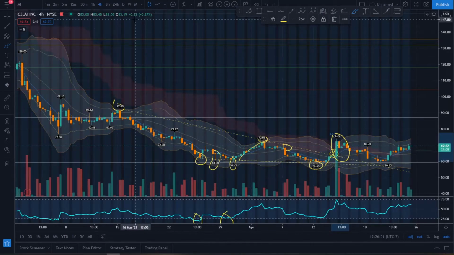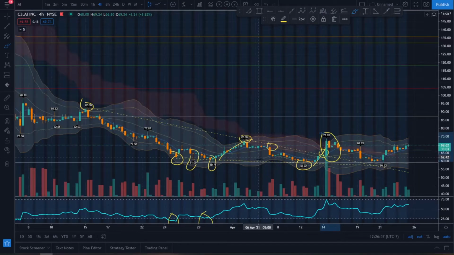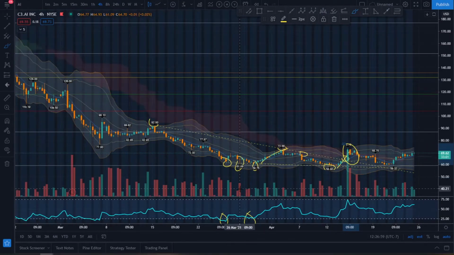What I mean when it's no longer in the oversold territory on the bullish divergence, you can see a little more clearly on AI. For example here, this was in oversold territory, the first part, while this second step here was no longer in oversold territory, it took another low before giving this really good bounce.